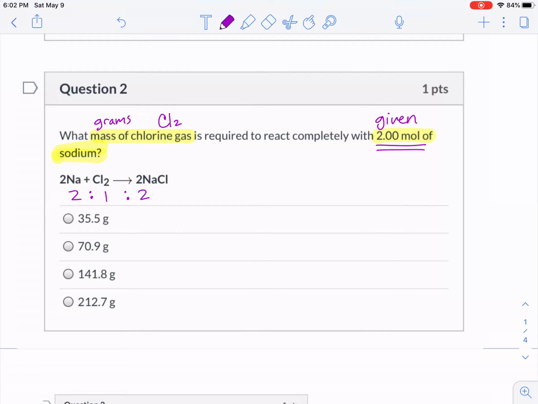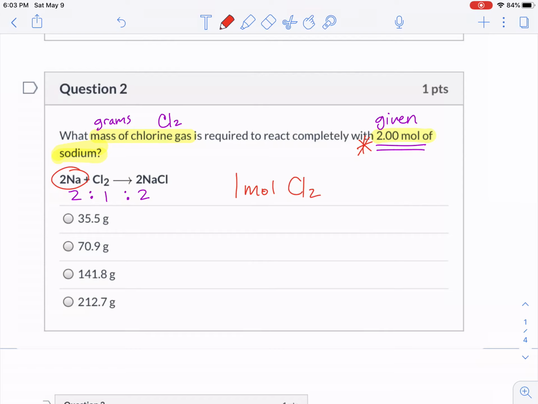For every 2 moles of sodium, we require 1 mole of chlorine gas to produce 2 moles of sodium chloride. Now, we are really lucky here, let me point out, that our given happens to be 2 moles of sodium, right? It correlates with our balanced chemical equation. So what's our answer? Well, 1 mole of chlorine gas is required.